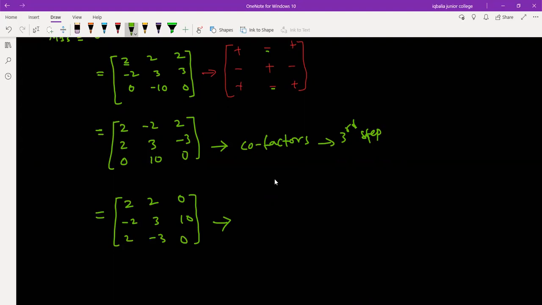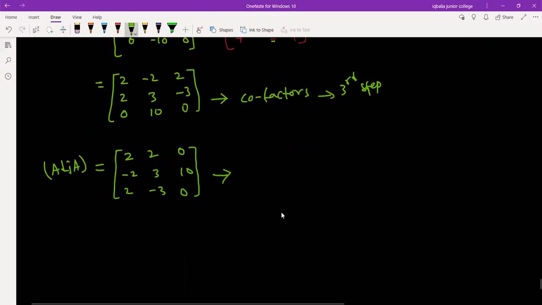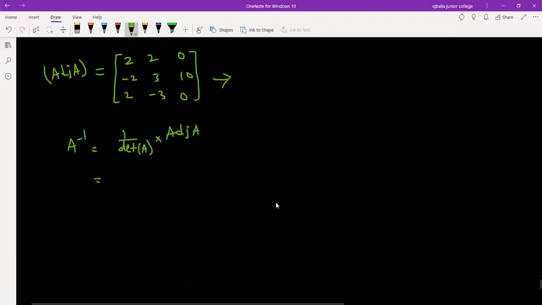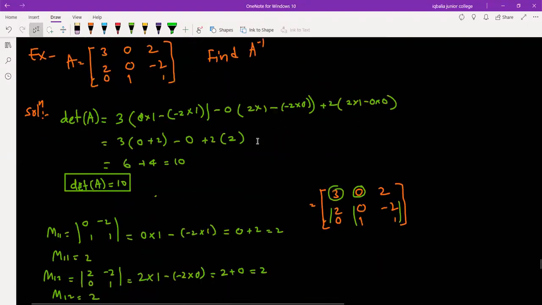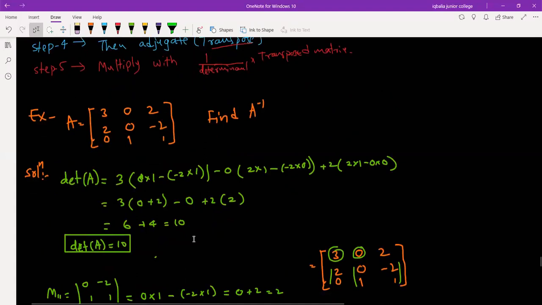Okay. Now this matrix is called the adjoint of A. Now the last step was that A inverse will be 1 by determinant of A into adjoint of A. Here we have found determinant A is equal to 10.